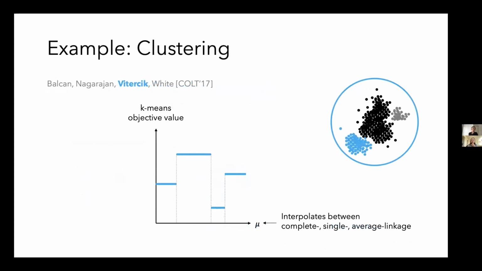To give you an example, in a COLT 17 paper, we looked at clustering algorithm configuration, where these tunable parameters mu allow you to interpolate between classic clustering routines like single, complete, and average linkage. And we discovered that many different types of clustering objective functions, like the k-means objective value of a clustering instance, are piecewise constant functions of these tunable parameters.